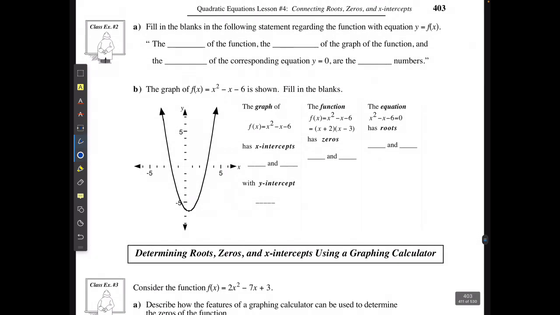Which means that I can state, if I'm filling in the blanks, excuse me, that the 0 of the functions, the x-intercepts of the graph of the function, and the roots of the corresponding equation, y equals 0, are all the same numbers.